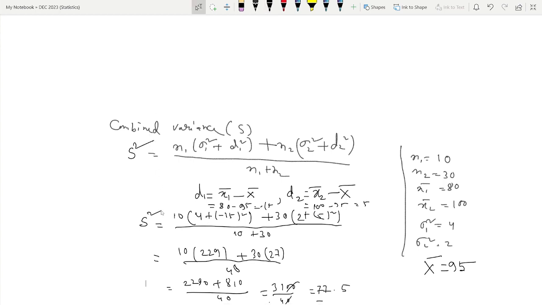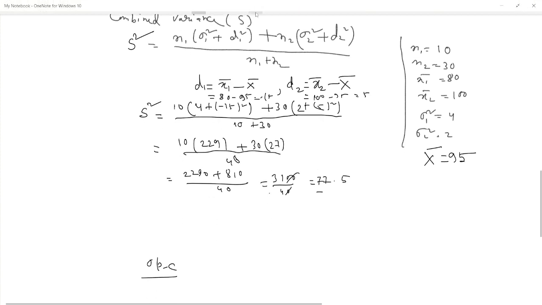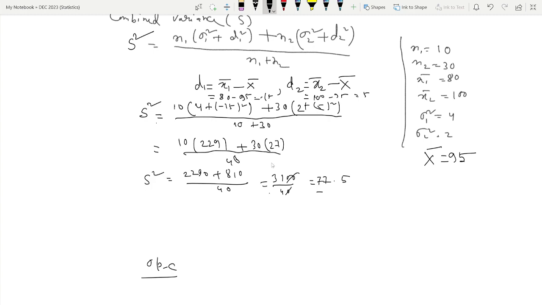So our A square is 77.5. So option B is the wrong answer. Now we check option C.